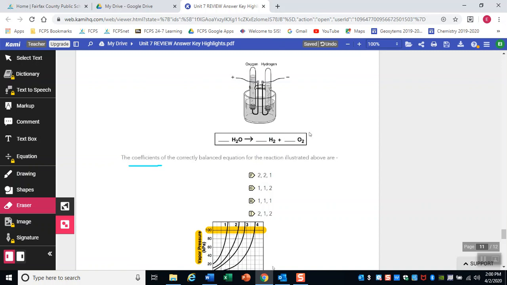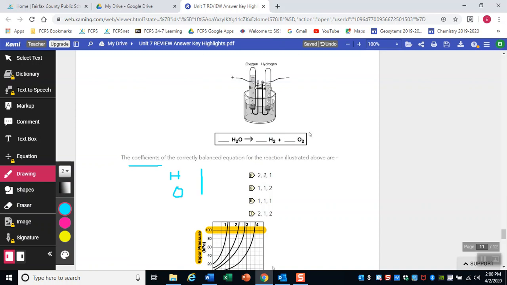I just write and make a list of my elements. So I've got hydrogen and I've got oxygen. And I have reactants on the left and products on the right. And I want both of them to be the same.